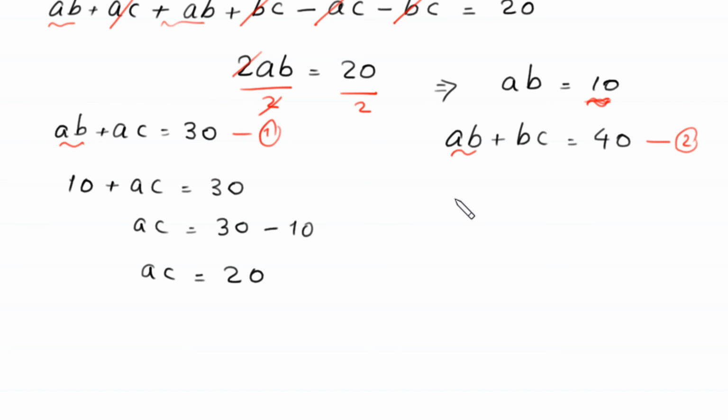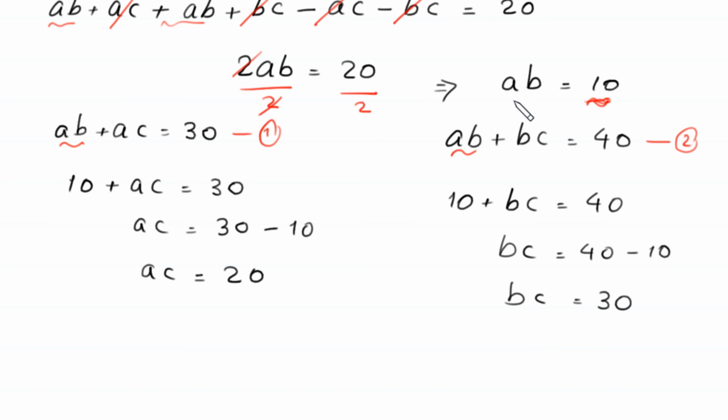Then this equation will become 10 plus bc is equal to 40. We move this 10 to the right hand side, then bc will be equal to 40 minus 10, and bc will be equal to 30. So now we have ab is equal to 10, bc is equal to 30, and ac is equal to 20.